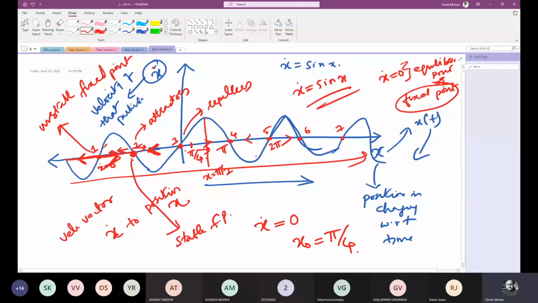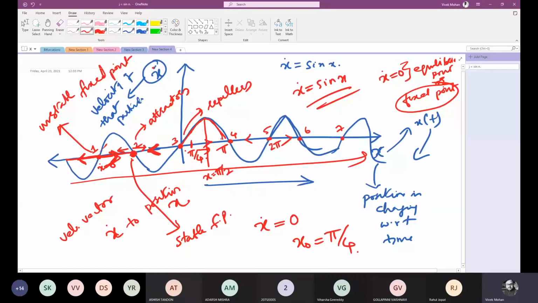For sine x, x dot is your velocity, right? Velocity is seen decreasing. That means the particle is decelerating. So till this point, it moves faster and faster, and after this point, it decelerates. Until it crosses x equals pi by 2, where sine x reaches its maximum, it moves faster and faster.